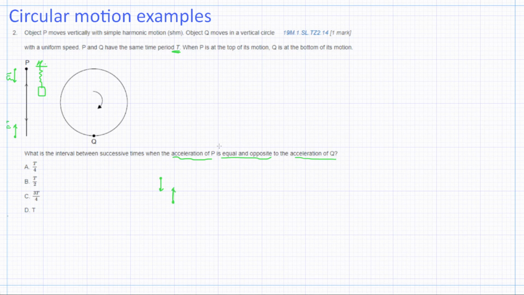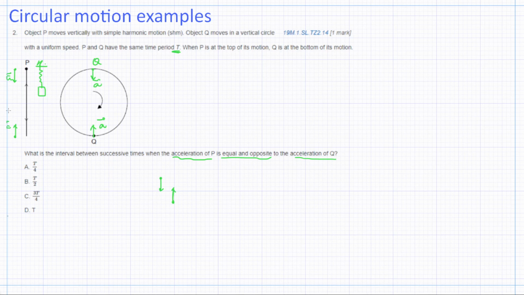So equal and opposite. Well, the first thing that we may observe is that in the circular motion, the acceleration will always be pointing towards the center of our motion. So in any moment between those two situations here, when point P is at the bottom and point Q is at the top, in any other point that we choose, the acceleration would not be pointing upwards or downwards.